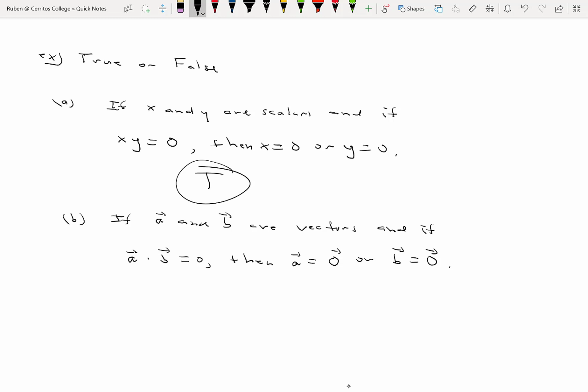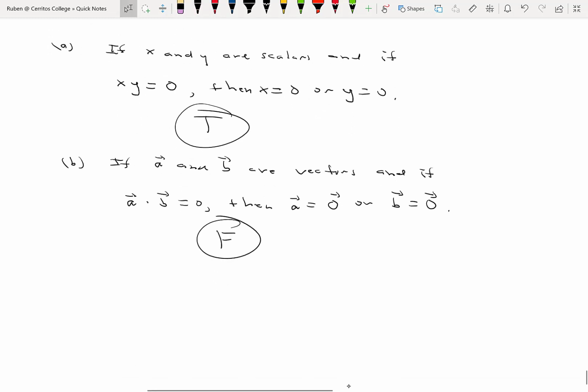Well, it looks like it should be true, because if A is 0, definitely we get A dot B equals 0. If B is 0, then we get A dot B is 0. That's not what the question is saying. It's saying that if we have A dot B is 0, the result is 0, then one or both of the two vectors must be the 0 vector. This is absolutely a false statement.